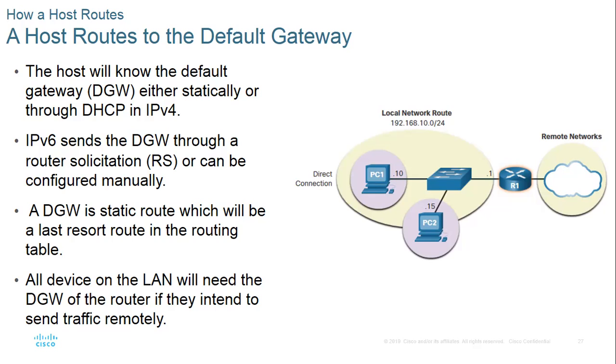Either statically, configured on the device, or it's learned through the Dynamic Host Configuration Protocol, called DHCP, when running IPv4. If it's running IP version 6, the default gateway is sent through a router solicitation packet, or it can also be configured manually. A default gateway, we call it, is the last resort route in the routing table.